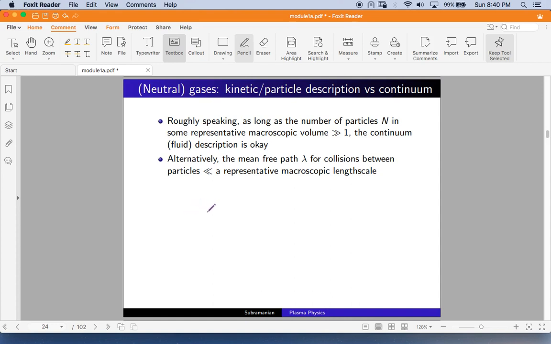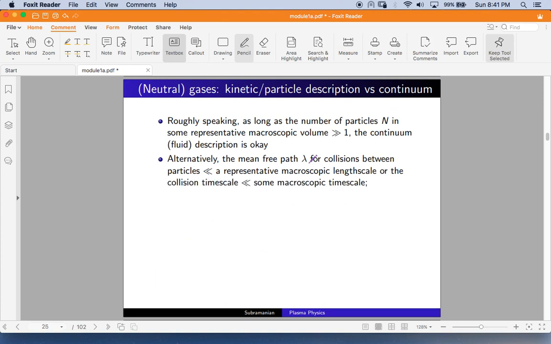Alternatively, there is the mean free path for collisions between particles, which would be lambda, and the macroscopic length scale would be something like L. If lambda is much less than L, there are so many of these particles buzzing around inside a macroscopic length scale that it's okay to resort to a continuum description, to think about the collection of particles as a continuum with a well-defined particle density, with a well-defined average velocity, if there's any, and so on and so forth.